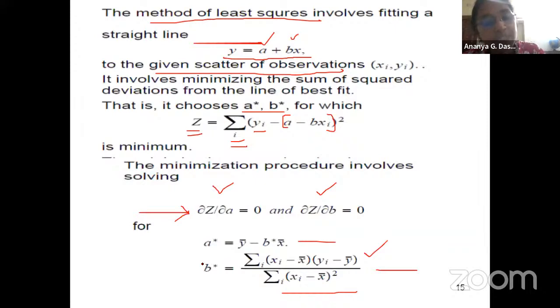So this is what you obtain once you solve for this condition of minimization. So that's what the method of least squares involves. It essentially involves calculating the slope and the intercept using these formulae, which come out of the minimization procedure.